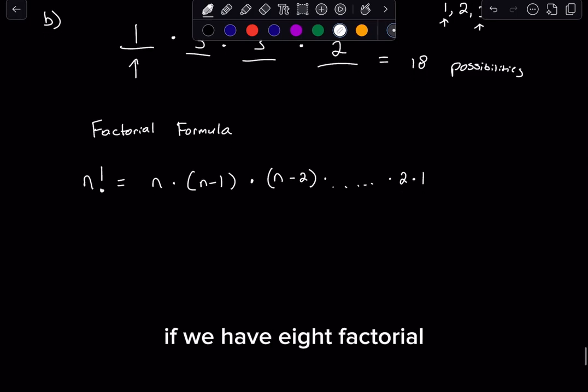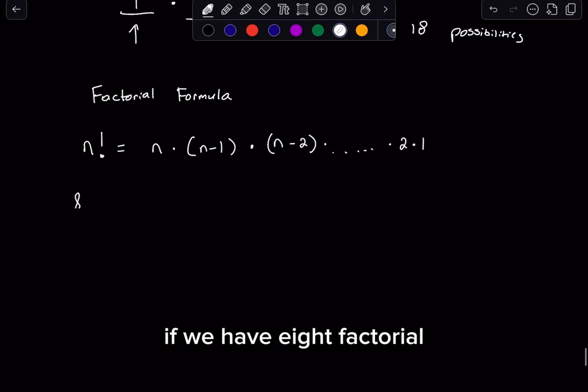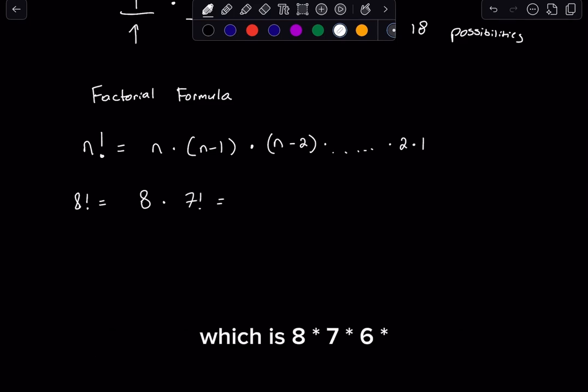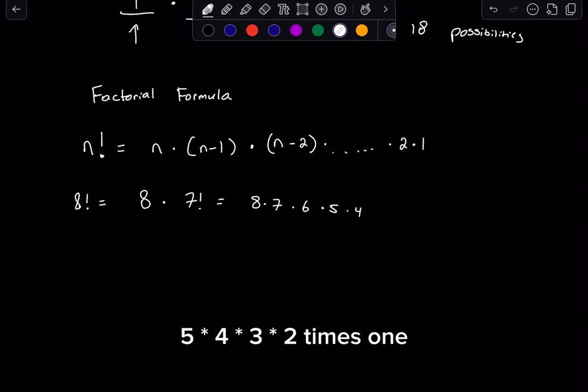So for example, if we have 8 factorial, it's going to be 8 times 7 factorial, which is 8 times 7 times 6 times 5 times 4 times 3 times 2 times 1.